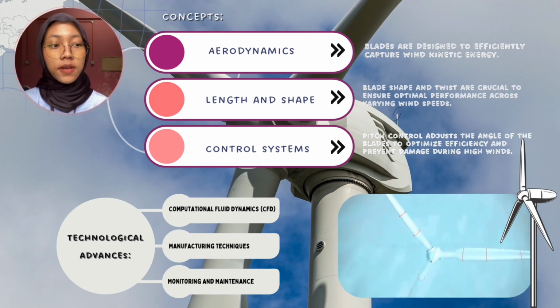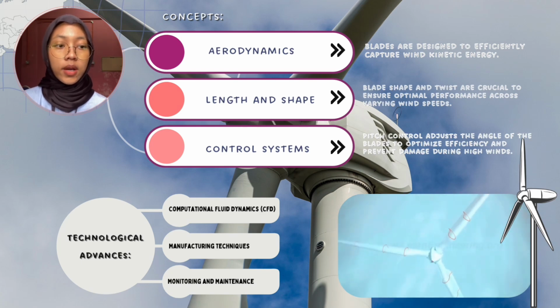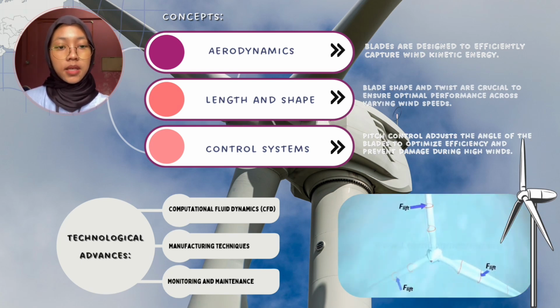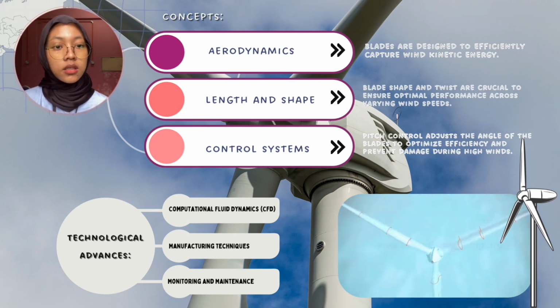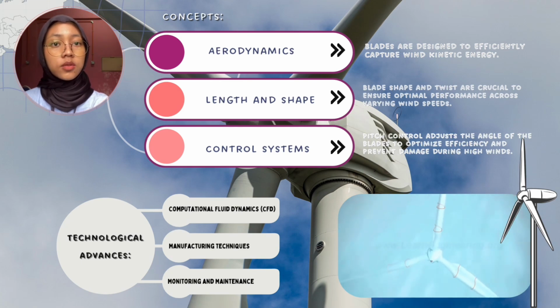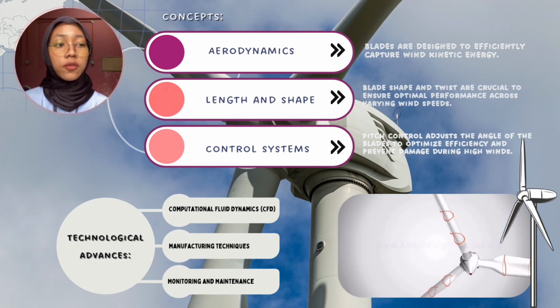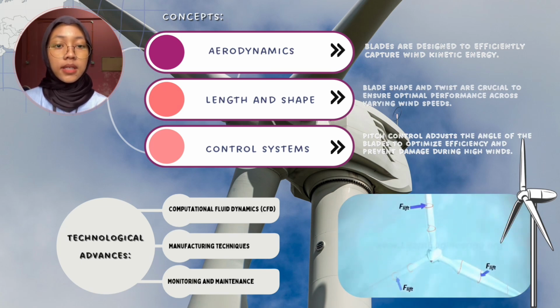Blade tips often move faster than the base, requiring careful engineering to manage aerodynamic forces. This means that the control system and aerodynamics relate to each other. So, the control system has to control the blade energy so that it can move faster than the base, but it has to be careful so that the blades are not damaged.